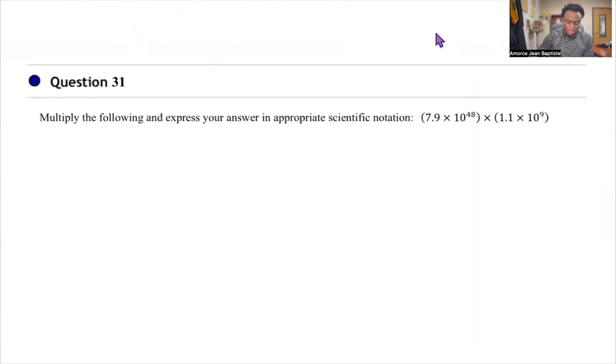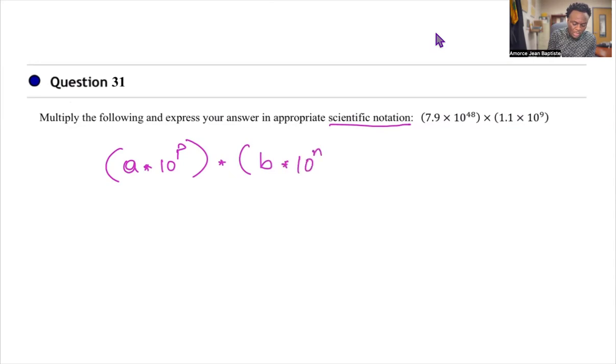Next, we're going to perform this operation with scientific numbers. So in scientific notation, we multiply them. Basically, if we multiply two scientific numbers, a times 10 to the power p times b times 10 to the power n, we need to multiply a and b times 10 to the power n plus p.